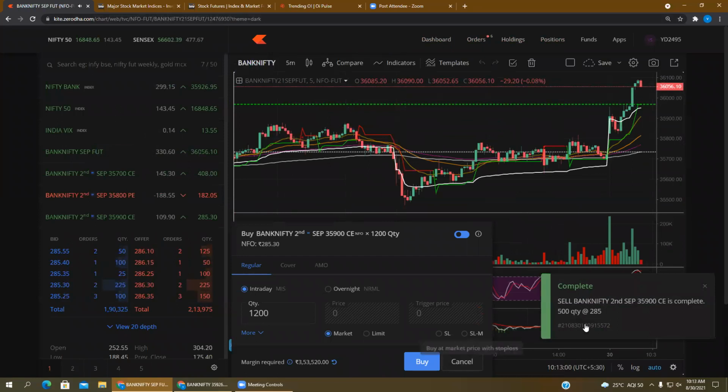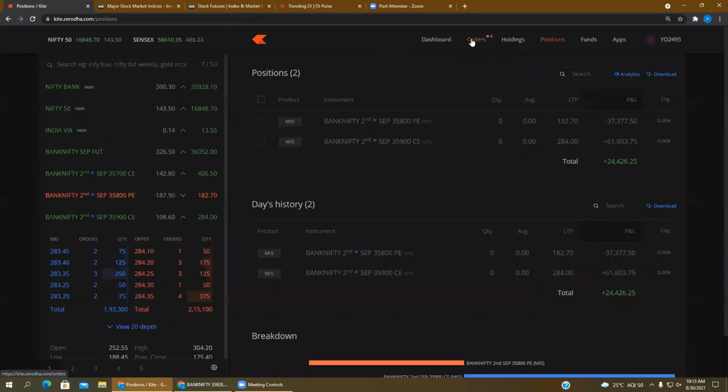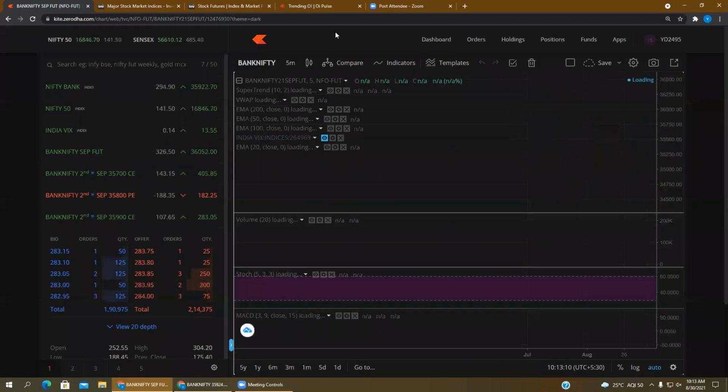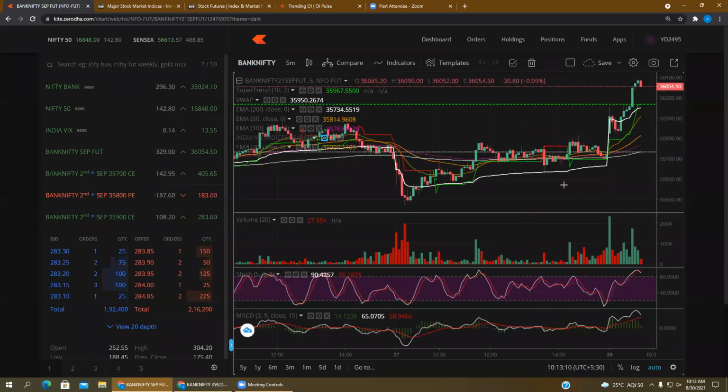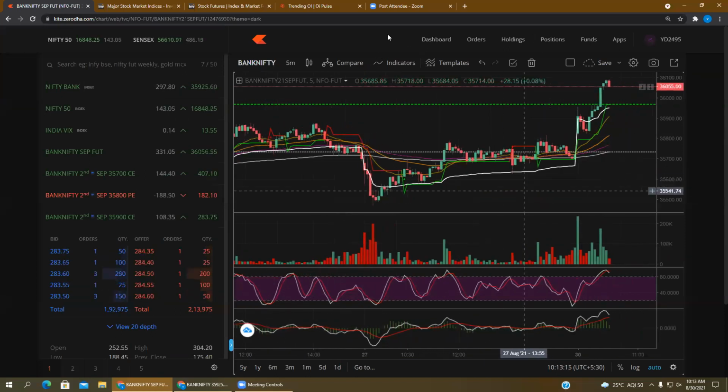Okay, the stop loss is hit for 285. Yeah, Ravi, you're true. That is true. It does happen that if you put a stop loss, but never mind.